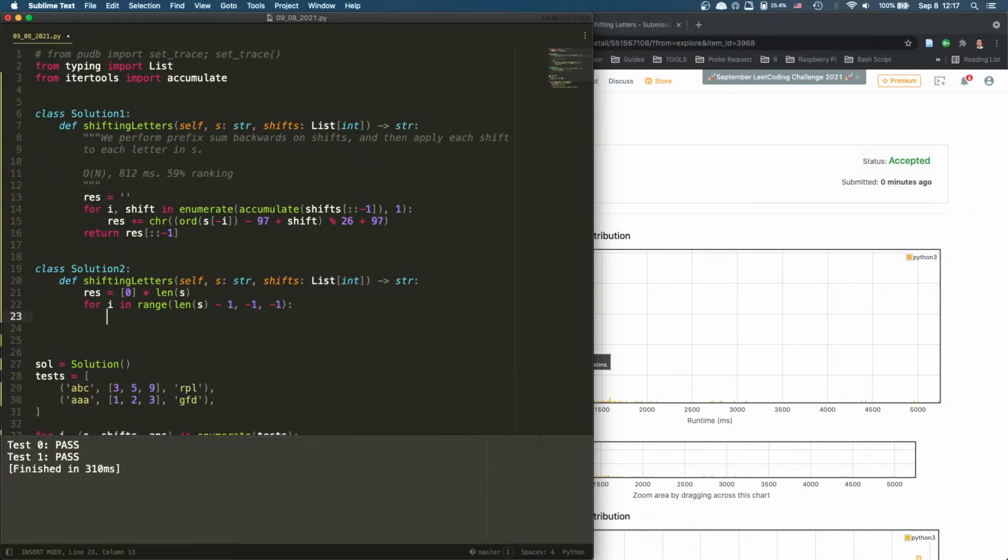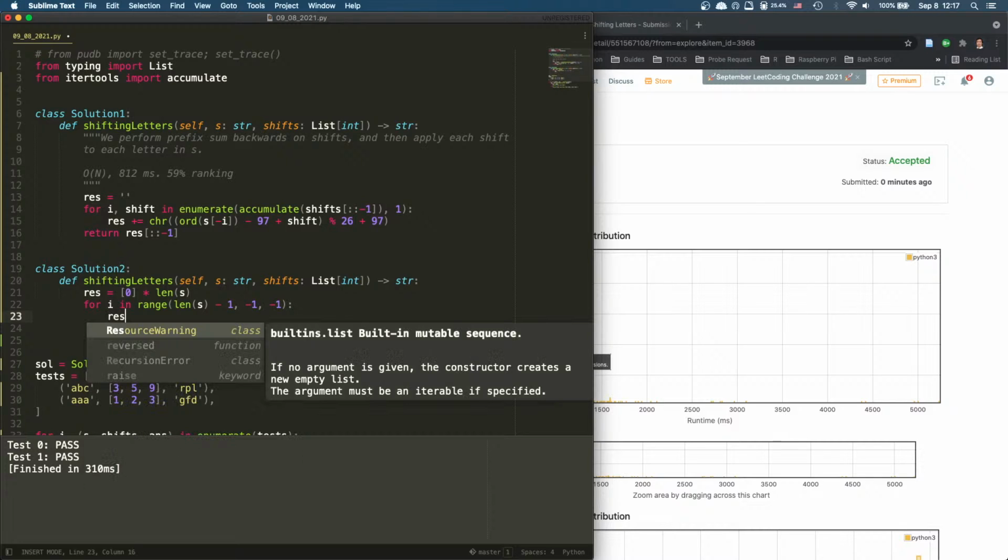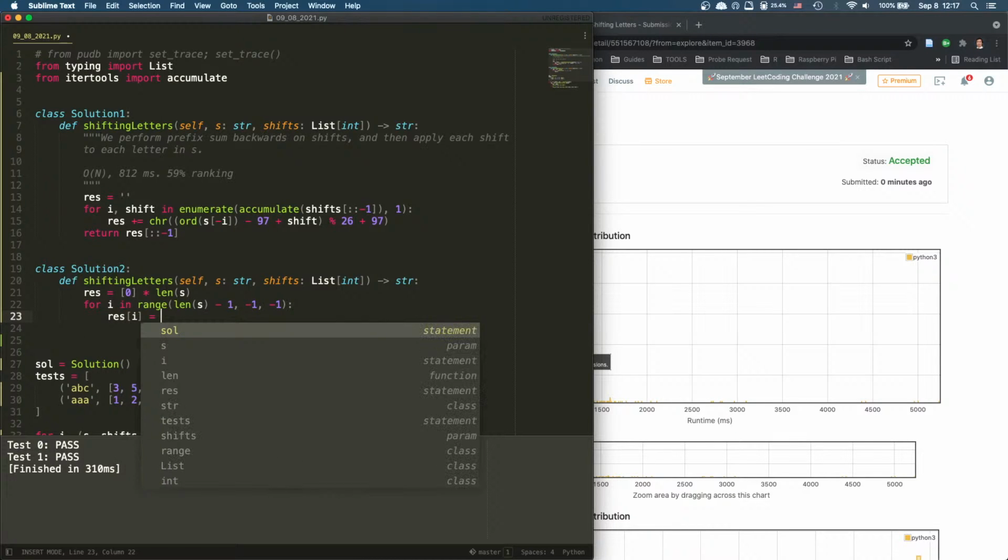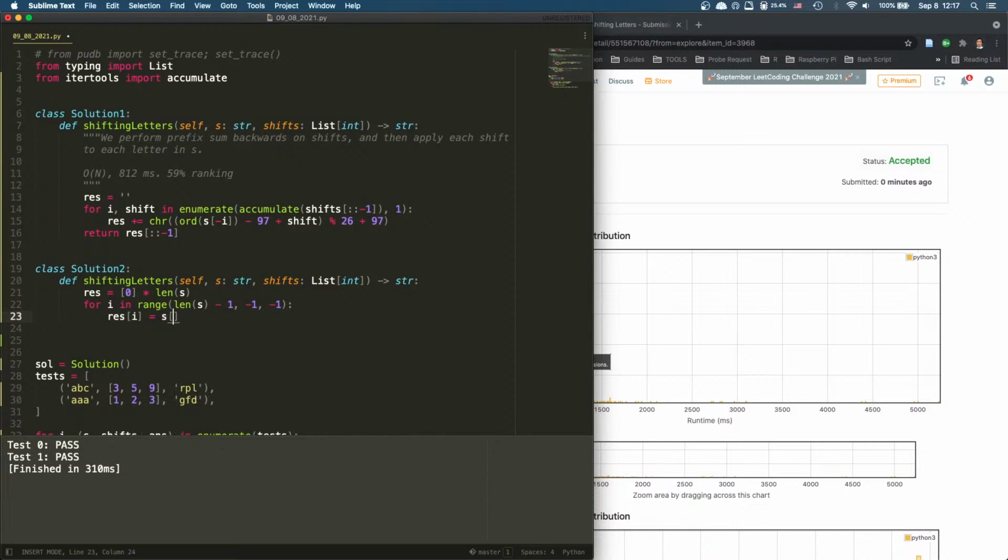What we do is res i equals shift i, equals ord S i minus 97, plus shifts i, and then we are going to mod 26 again, plus 97 again.